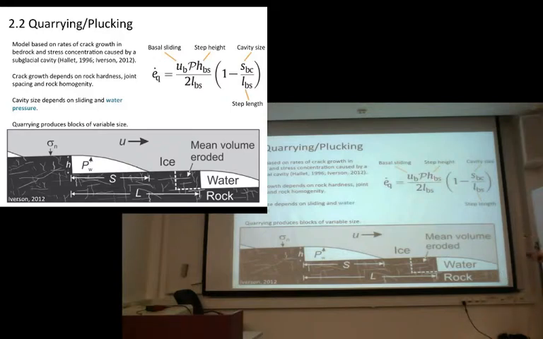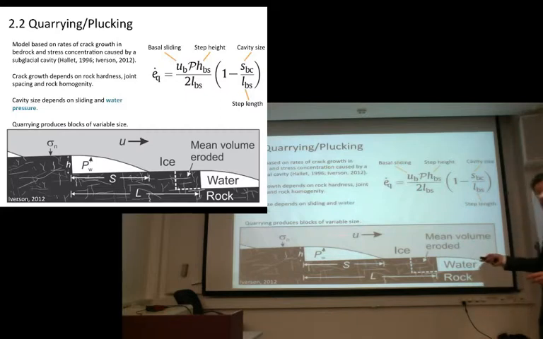And then we have some geometric parameters: how long the spacing is between two cavities, the height of the steps, HBS, LBF. What you don't see here is that SBC is dependent on two things.